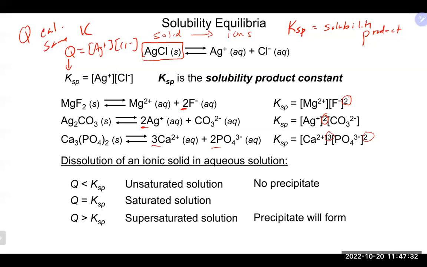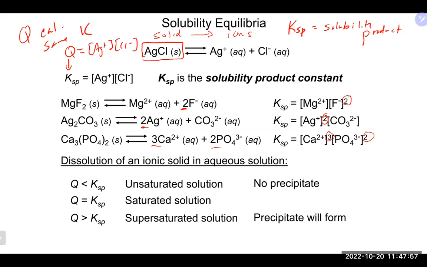If Q is less than the KSP, we have an unsaturated solution. Unsaturated solution means if you add more solid, it will dissolve, basically, right? We haven't hit the maximum amount of solute that will dissolve in that solvent at that temperature. That's what an unsaturated solution means.